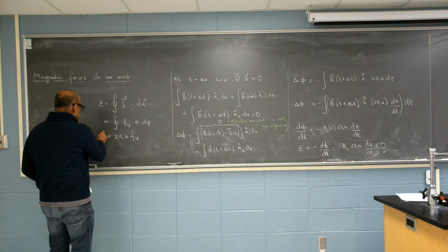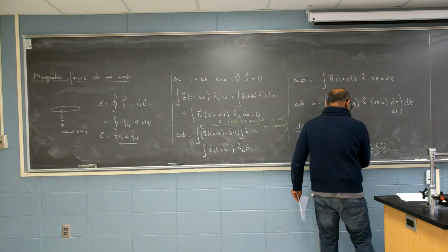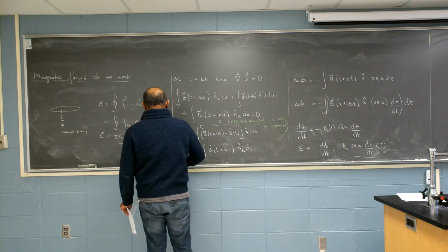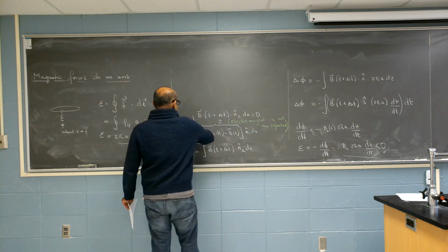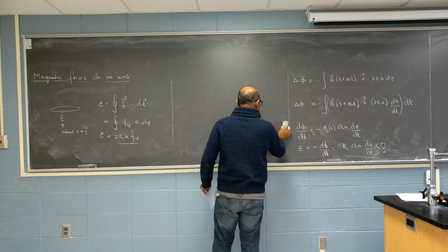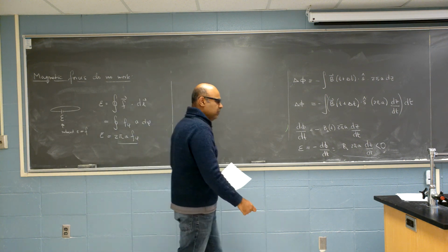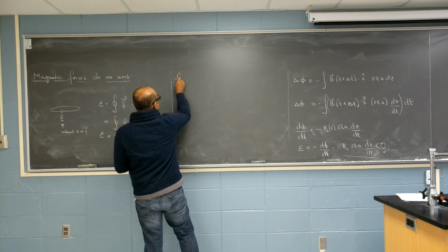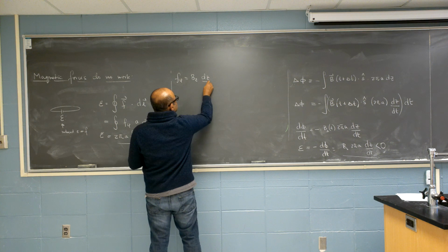I have two expressions for EMF, and therefore I set this equal to that, and I get f of phi equals Bz dz/dt.